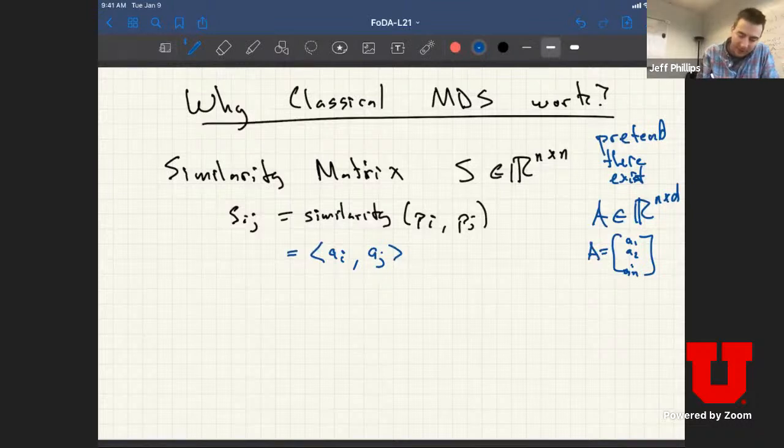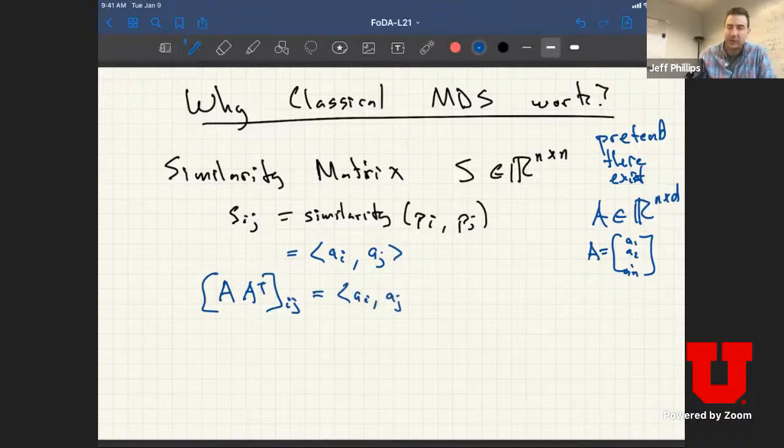But I want to point out that this A A transpose matrix, entry ij, is exactly A_i dot A_j, the dot product or inner product between the two points.